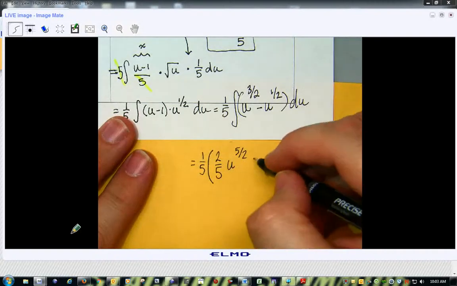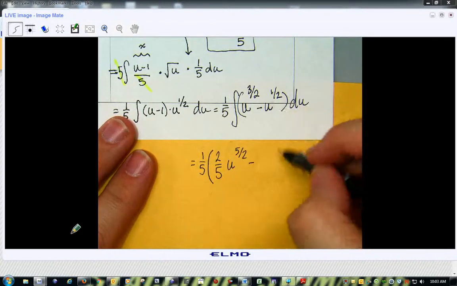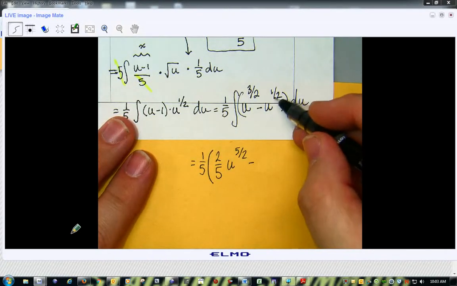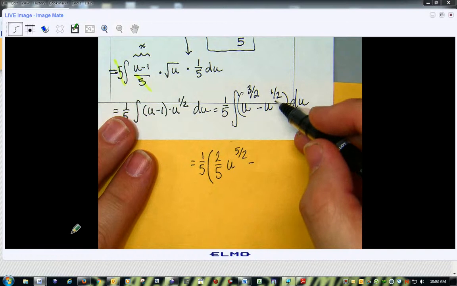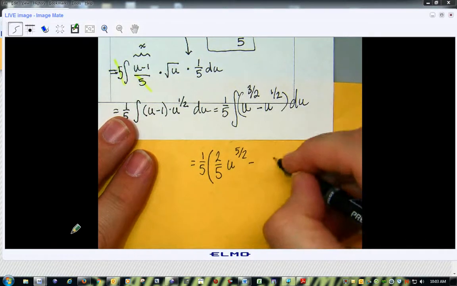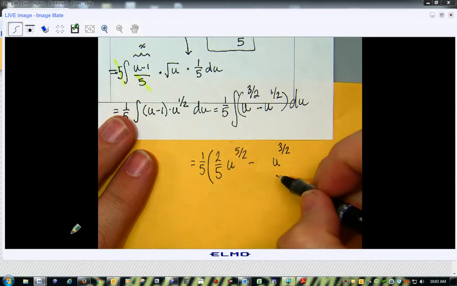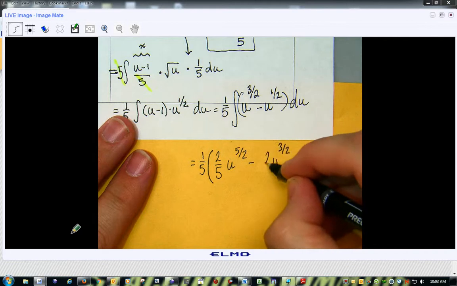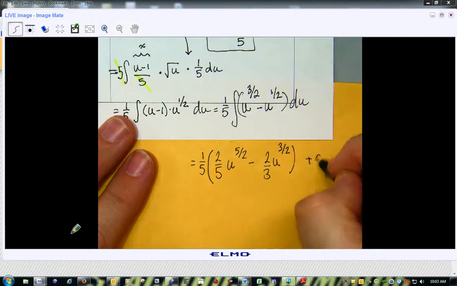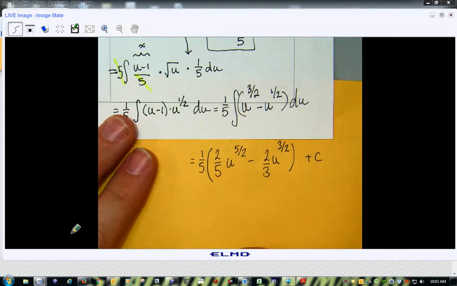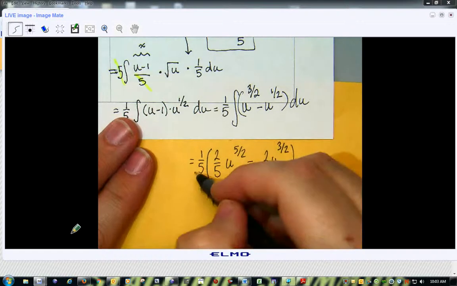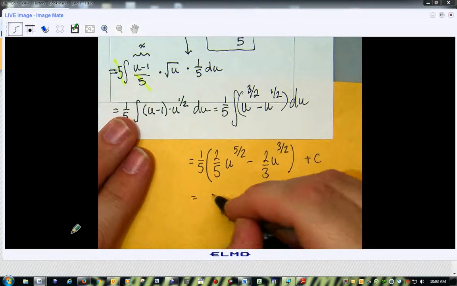Minus, now I have u to the 1/2. Integrate that, I have to add 1 to it, so it's 2 over 2 plus 1/2. So it'd be u to the 3/2. Now if I divide by 3/2, what am I multiplying by? 2/3. And then that's plus c. I could distribute through with the 1/5, so it'd be 2 over 25.